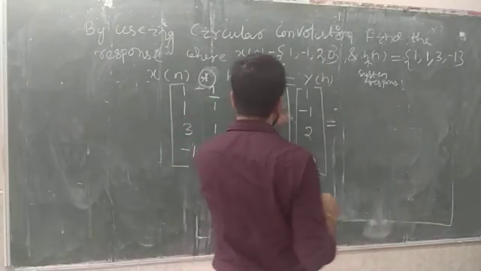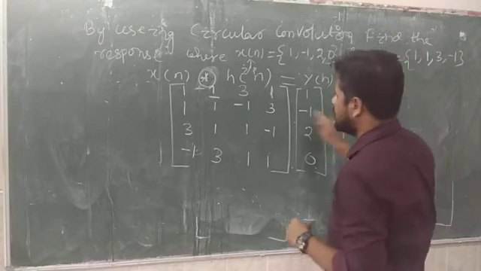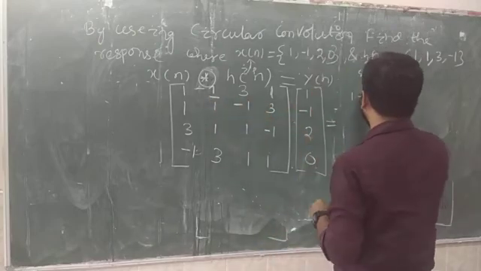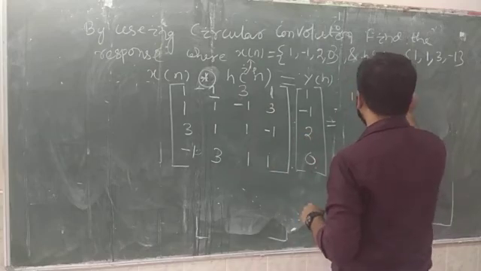So the first row, 1, -1, 3, 1, is multiplied with this column. 1 into 1 is 1, -1 into -1 is plus 1, 3 into 2 is plus 6, then 0. Next row: 1 into 1 is 1, 1 into -1 is -1, -1 into 2 is -2, then 3 into 0 is 0. Then 3 into 1 is 3, 1 into -1 is -1, 1 into 2 is plus 2, -1 into 0 is 0.